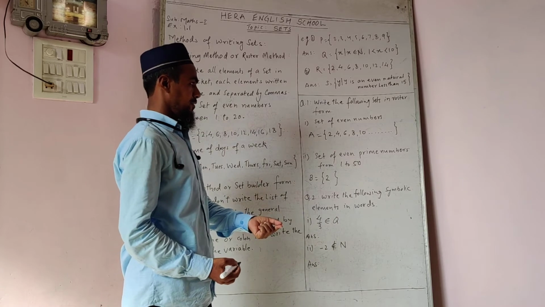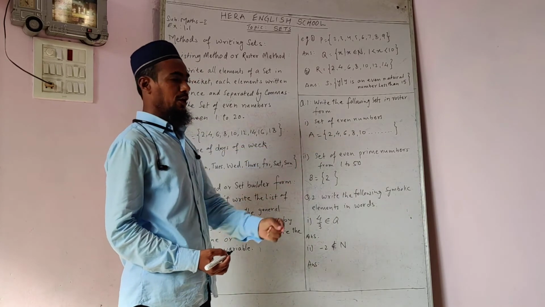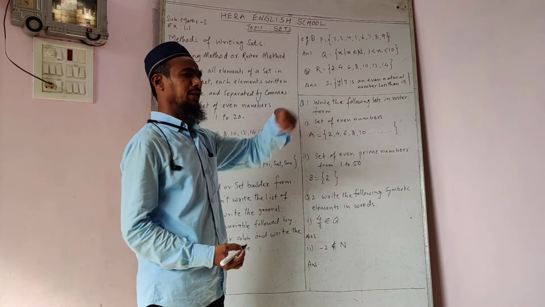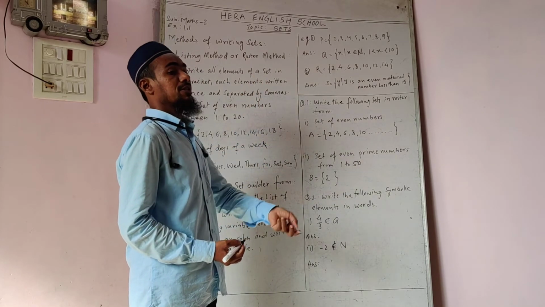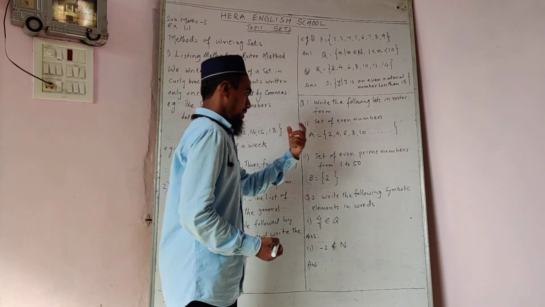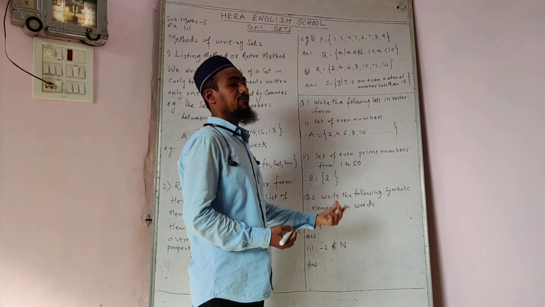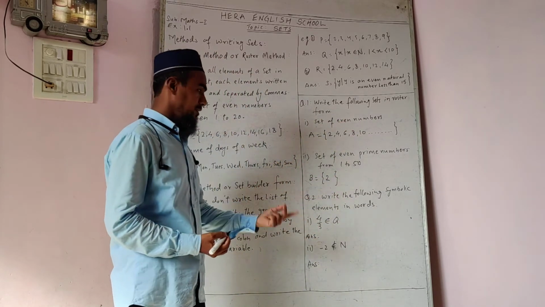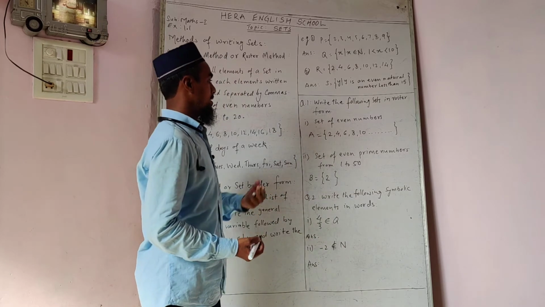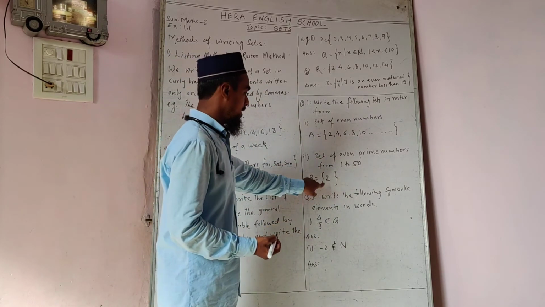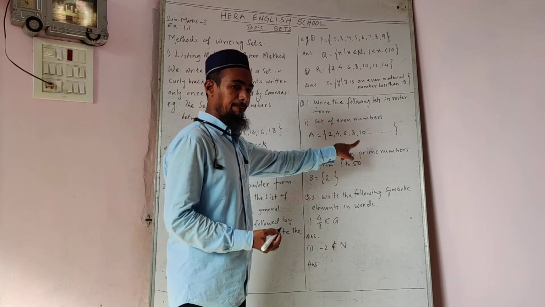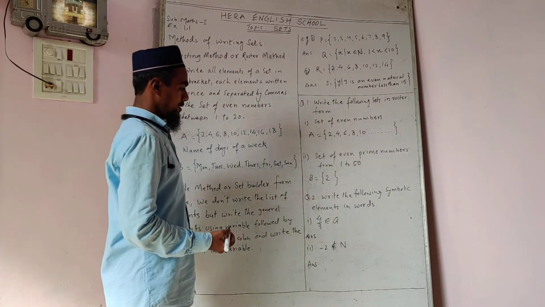There is no other number. Between 1 and 50 many numbers are there, but they don't have both qualities, that means even and prime. 2 has both qualities: it is an even number and also a prime number. So we will write only one element here. 2 is the even and prime number. Okay, you got it?